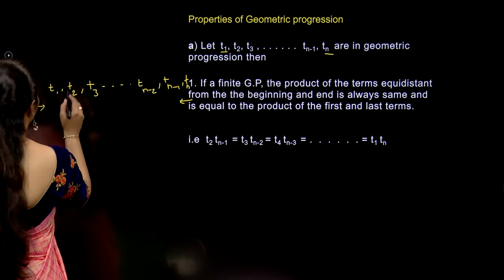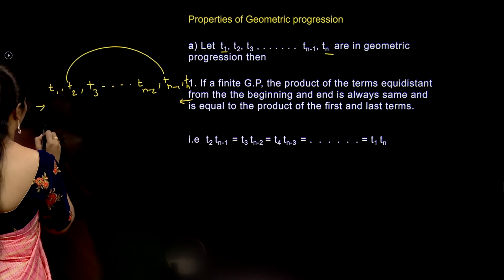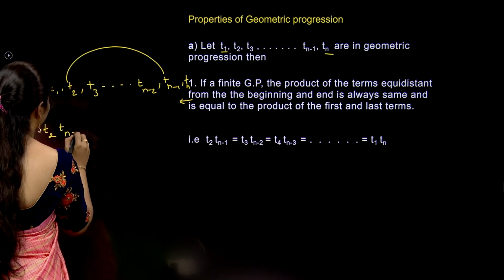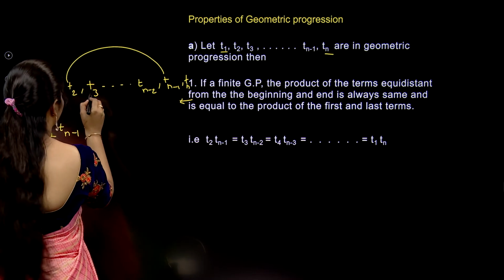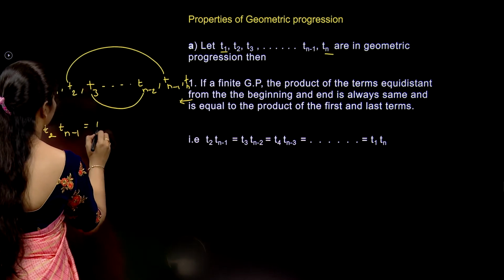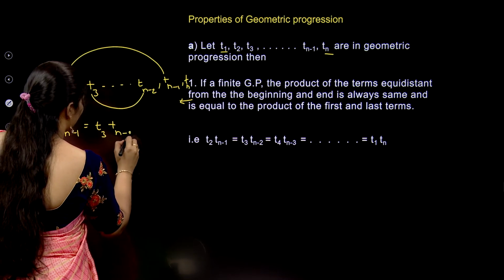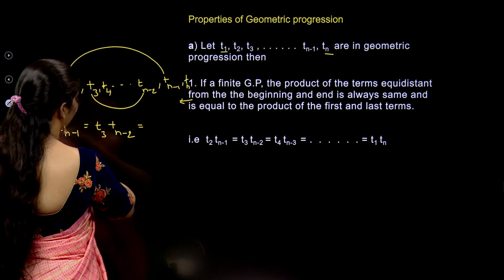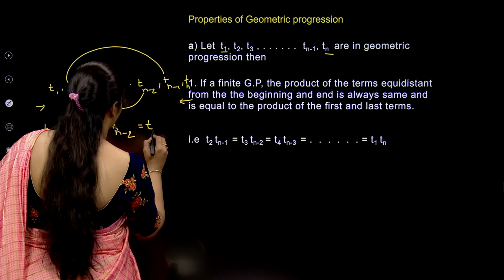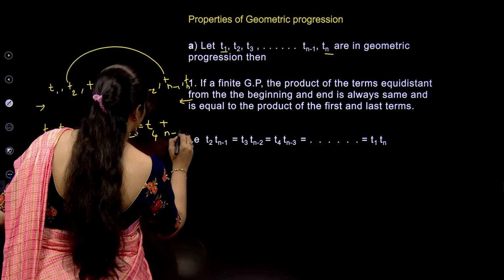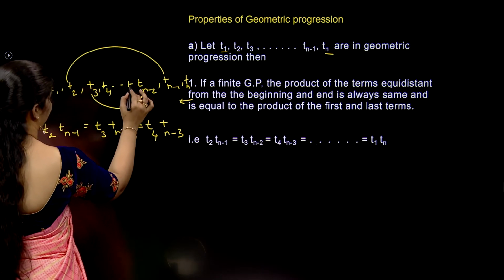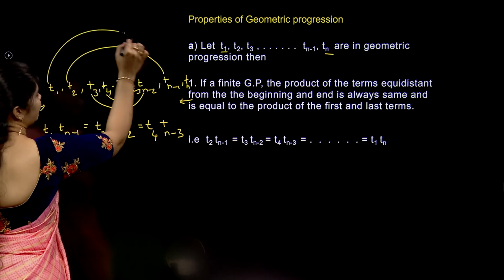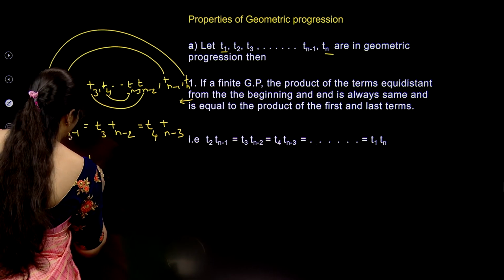It means T2 Tn minus 1 equals T3 Tn minus 2, and T4 Tn minus 3, that is equal to T1 into Tn.